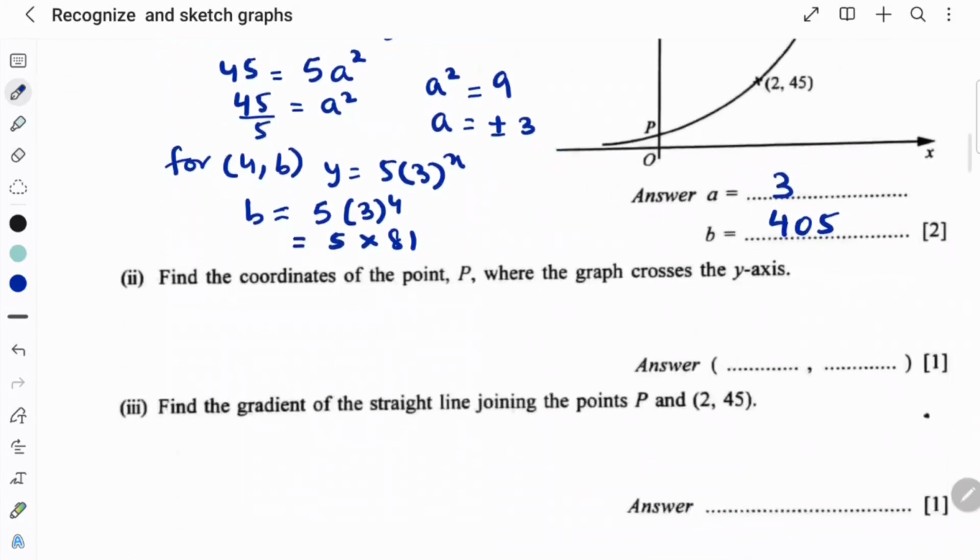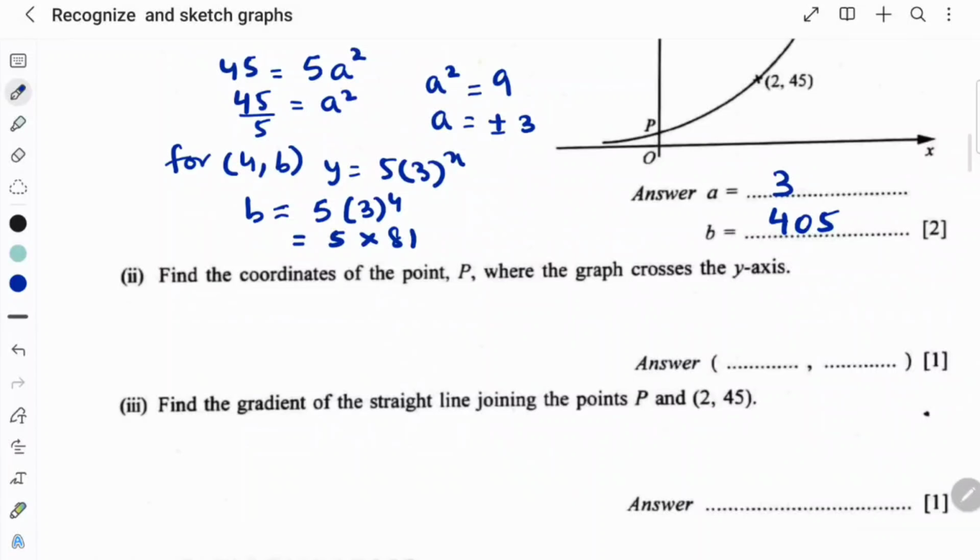Okay, let's do part 2. Find the coordinates of the point P where the graph crosses the y-axis. Where the graph crosses the y-axis, we know that for the y-axis we write down 0 comma y.